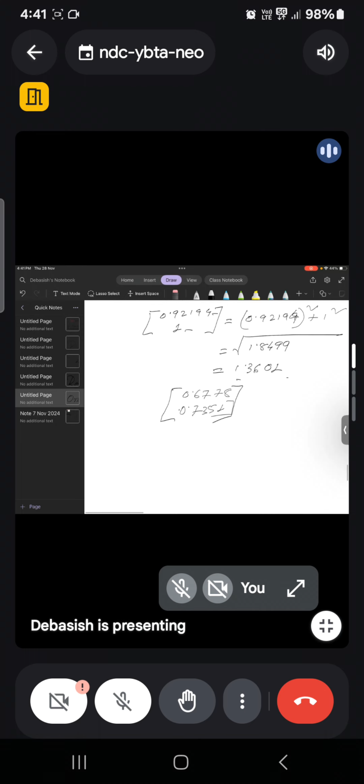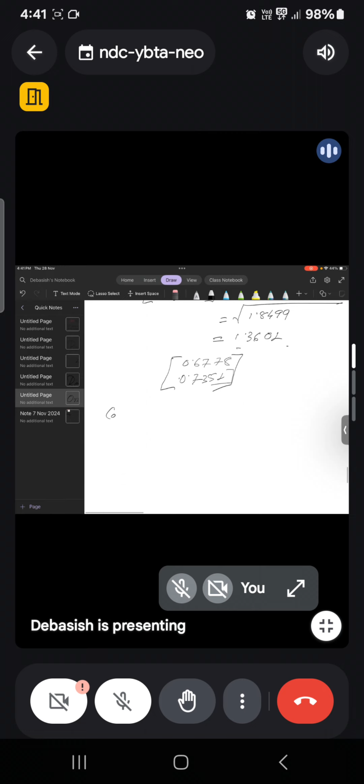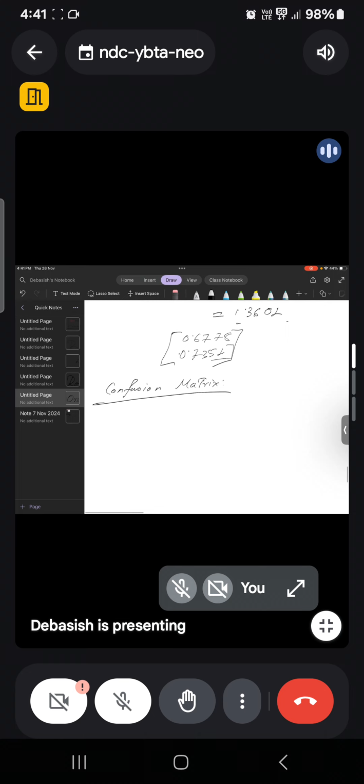Now we will go directly to another thing called the confusion matrix. You will find it many times. So what is a confusion matrix? Don't be confused by the confusion matrix. For it I will say some terms: TN, TP, FN, FP.